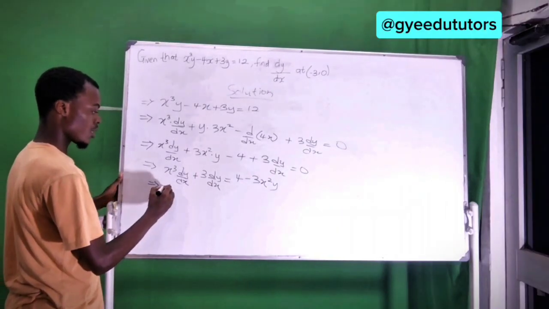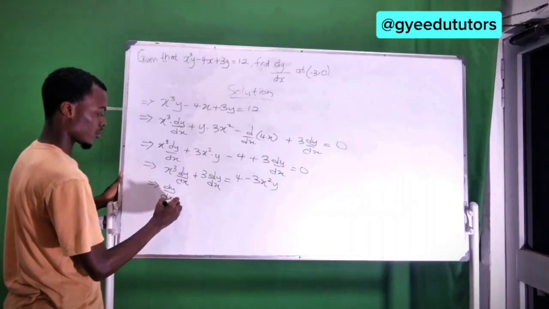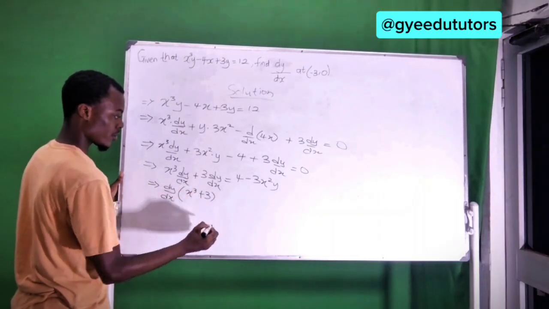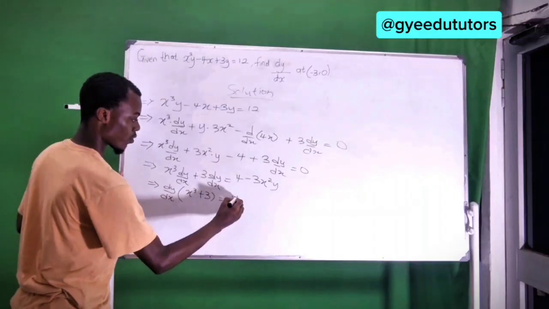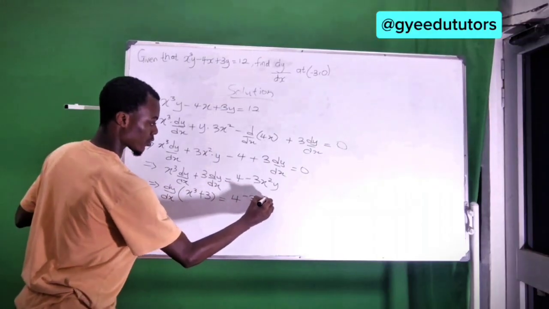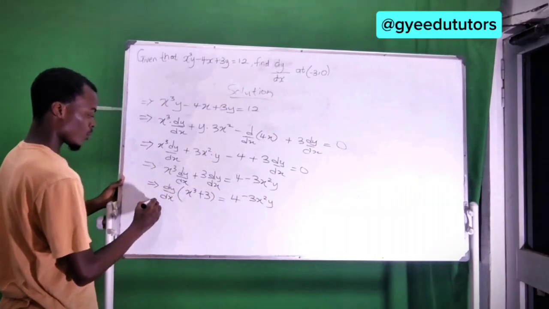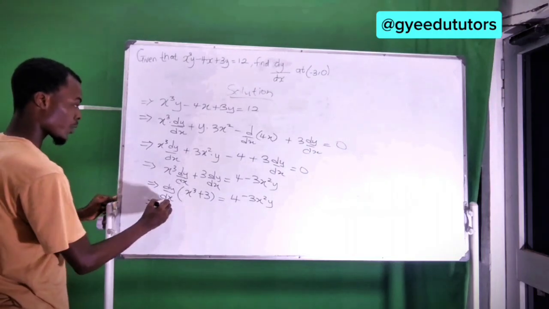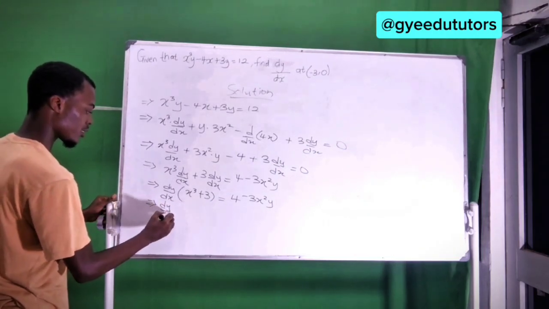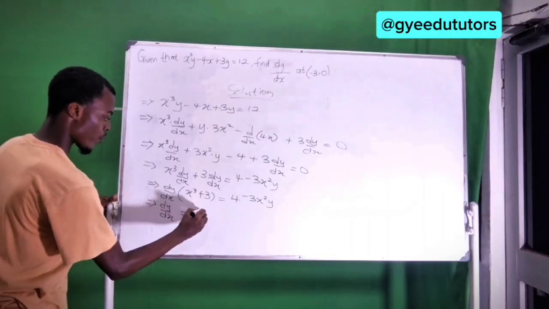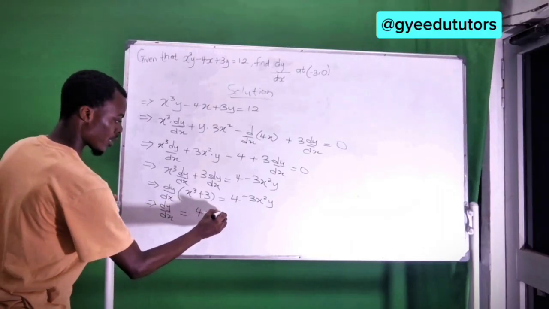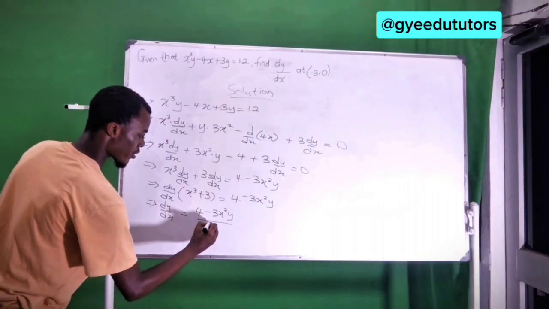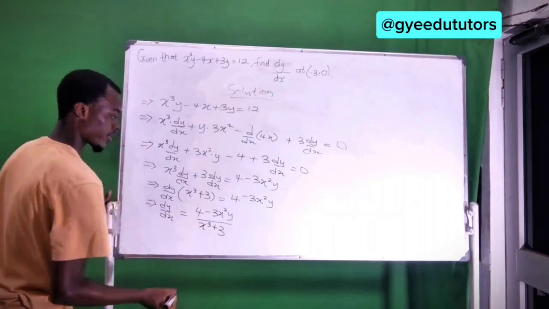So we have what? dy/dx of x cubed plus 3 equals 4 minus 3x squared y. So we divide both sides by x cubed plus 3. So dy/dx equals 4 minus 3x squared y over x cubed plus 3.